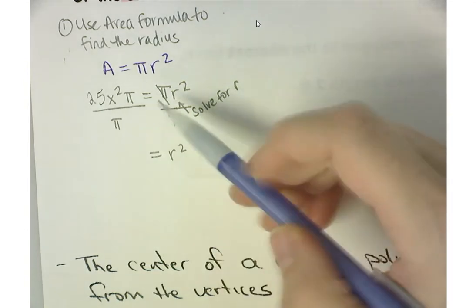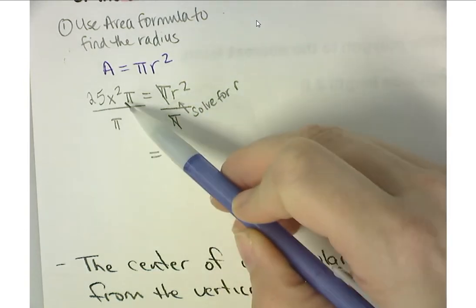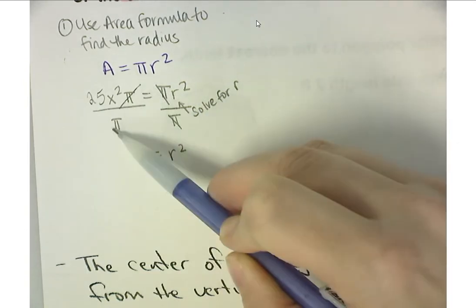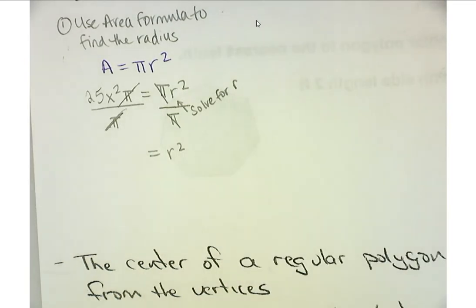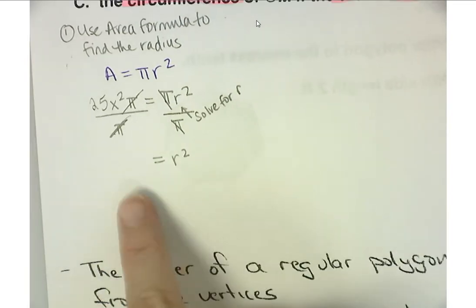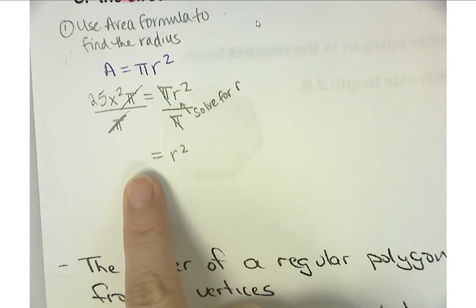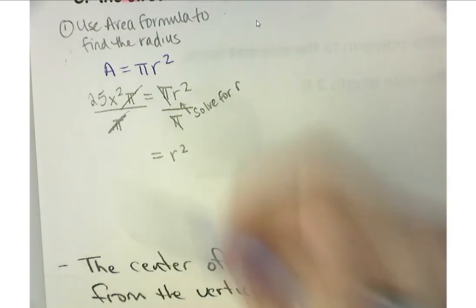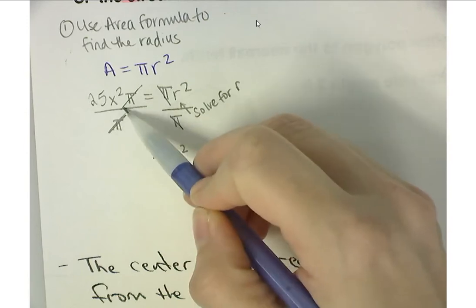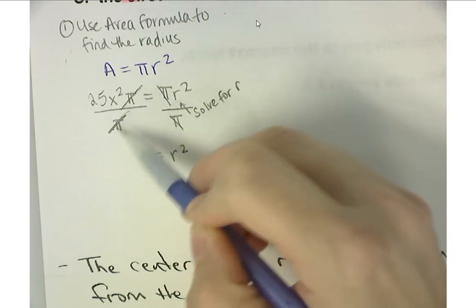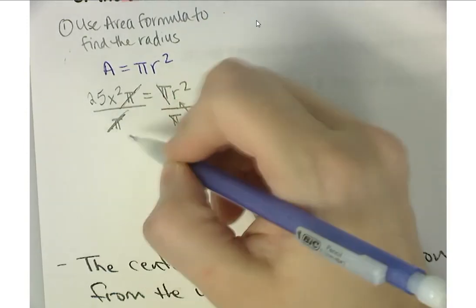Now on this side, when I divide by pi, I do have pi here, so this is going to divide out as well. So then, Tanner, what am I going to be left with on the other side? Your pi's canceled out, right? Yeah, the 25x squared.